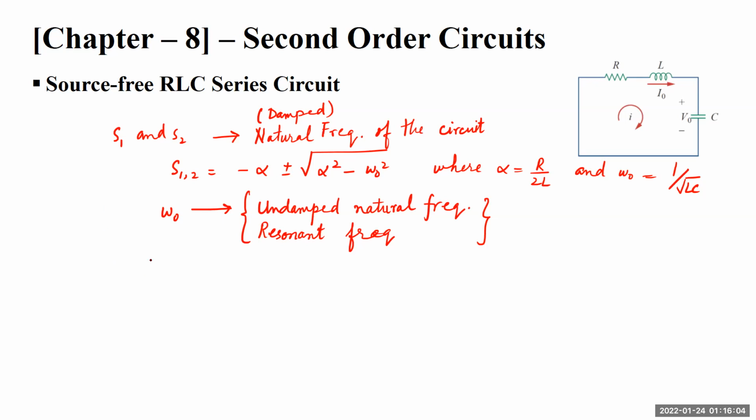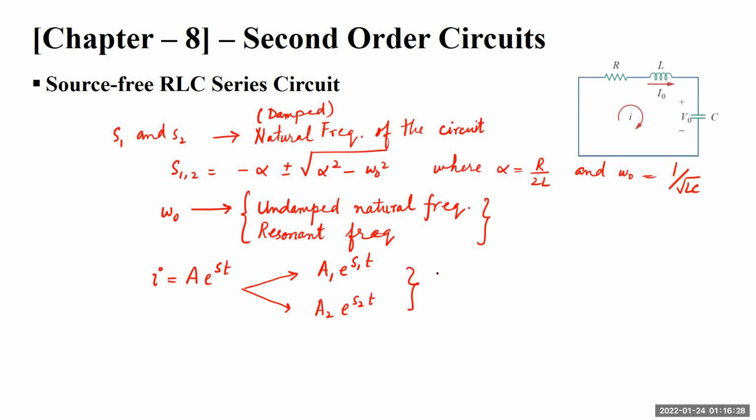So eventually we get two values, S1 and S2. We remember that i equals e raised to the power st. So there are two possible solutions for this case. One is a1 e raised to the power s1t, and the second is a2 e raised to the power s2t. These are the two different cases.